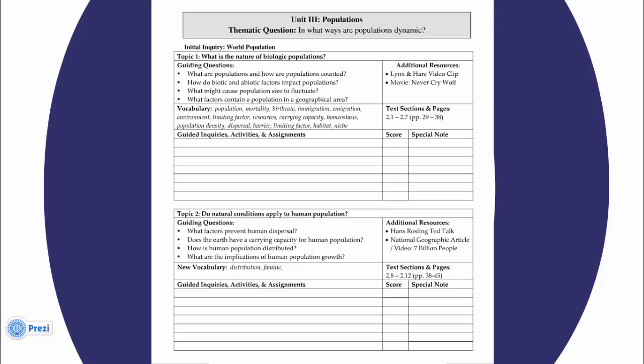One of my pet peeves has always been the student who comes to me at the end of the unit and says, okay, now give me a study guide. And I think, well, we did all this stuff. Or they come in with an entire list of new notes about the topic that they've taken to get ready for the test, and they haven't looked at any of the assignments we've done.